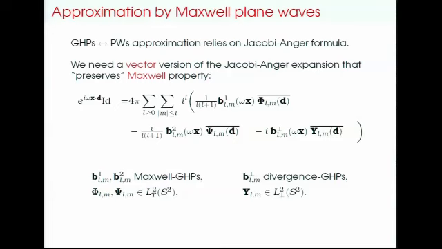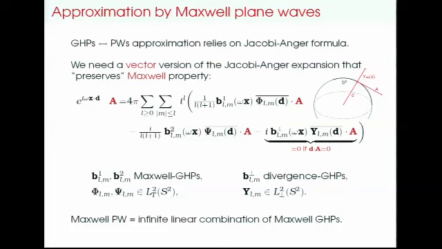When we multiply the plane wave by an amplitude vector that is orthogonal to the propagation direction, we want to obtain only generalized harmonic polynomials that are Maxwell generalized polynomials that are divergence free, and so this is the special Jacobi-Anger estimate we need.